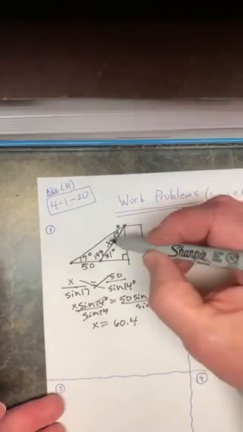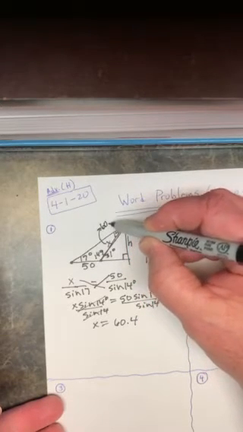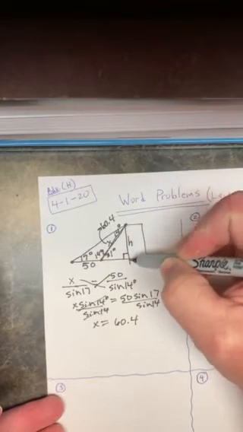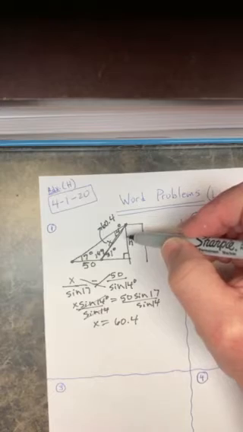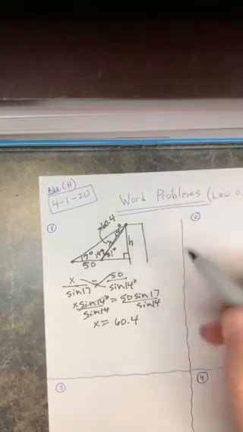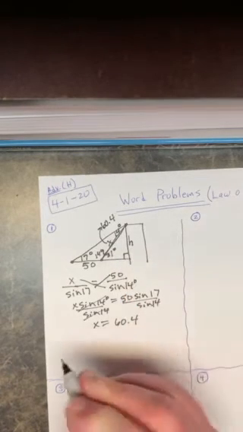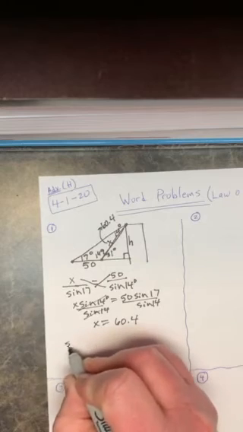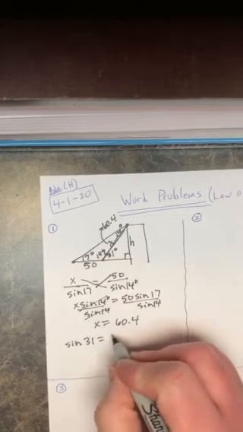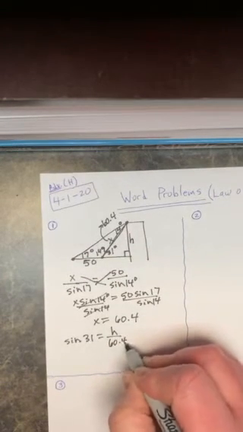So does everybody agree if that missing side is now determined to be 60.4, and that's the hypotenuse of my right triangle, I can now find the height of the building, which was my goal all along, by doing what? Opposite over hypotenuse. So wouldn't that be what? Sine, the sine of 31 equals opposite, which is h, over the hypotenuse, which is 60.4.